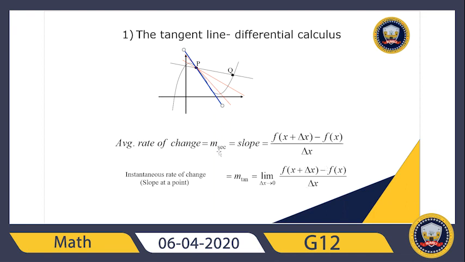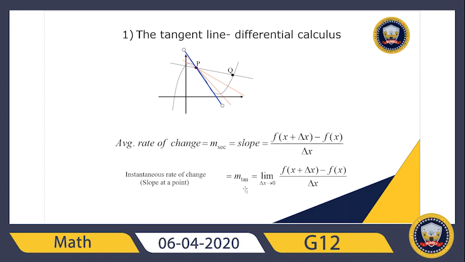And this is the difference between the slope of a secant, which is this line PQ, and the slope of the tangent, which is this blue line at the point P. So we can define the limit, which is the limit of the slope when this change goes to 0. We call this the slope at the point P of this function, or the slope of the tangent.